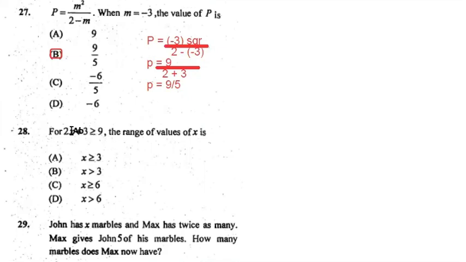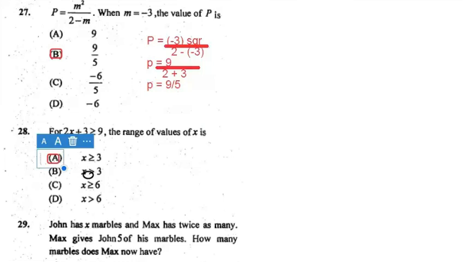So if we replace x with 3, we'll have 2 times 3, 6, plus 3 is equal to 9. So we have where the left hand side of the inequality is now equal to 9, and A says x is greater than or equal to 3, and I already used where it is equal to 3, so the upcoming numbers will be 4, 5, 6, 7, 8, 9, going 10, 11, 12 to infinity, and therefore going forward the left hand side of the inequality will always be greater than 9.